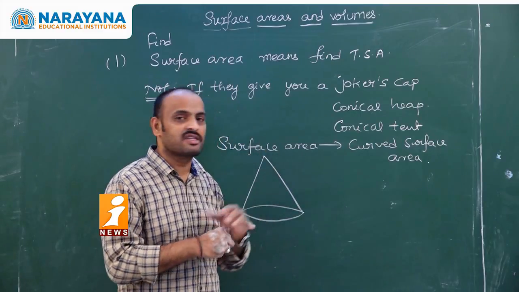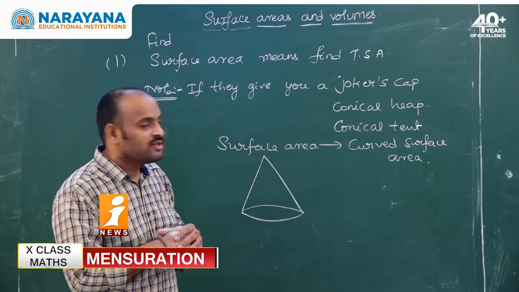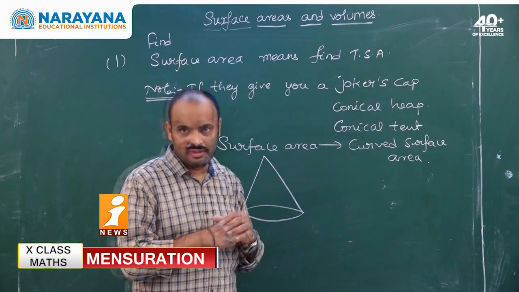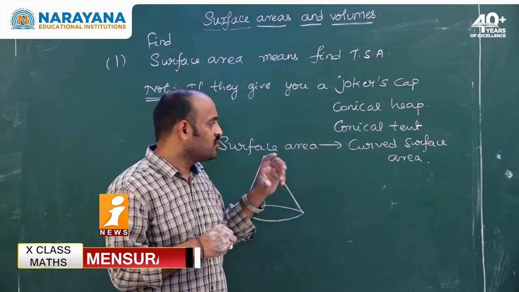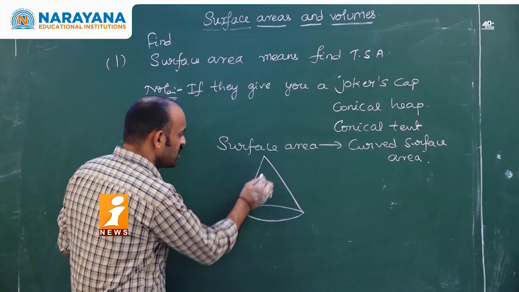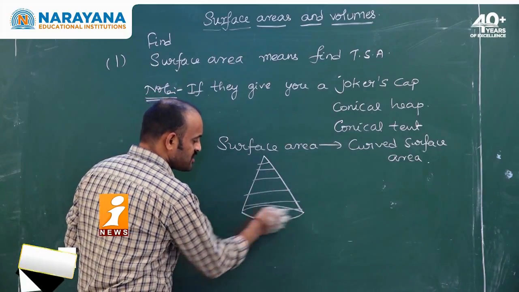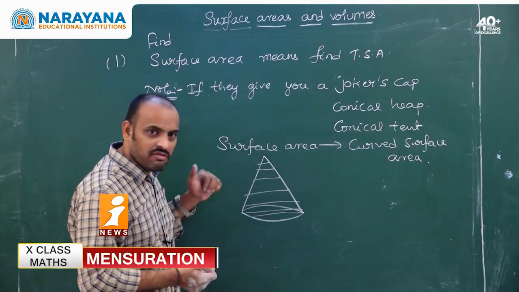For example, a question is given, find the canvas cloth required to cover the conical heap. This is the conical heap. For example, I have filled with some wheat or some rice. I need to cover it.